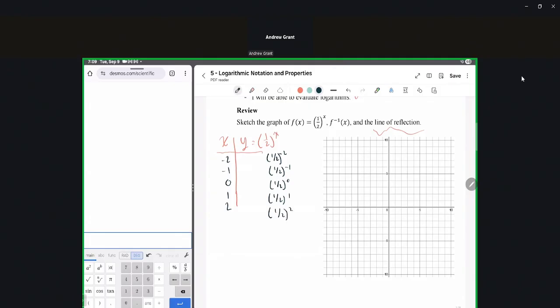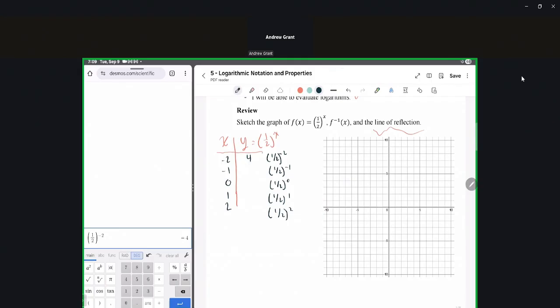And so when we do this, 1 half to the power of -2, if you want to, you can type this in on your calculator. And again, I'm using the Desmos scientific calculator, which will be fine for this course, but you can also use your own calculator. You can type these in or evaluate what you know they should be.